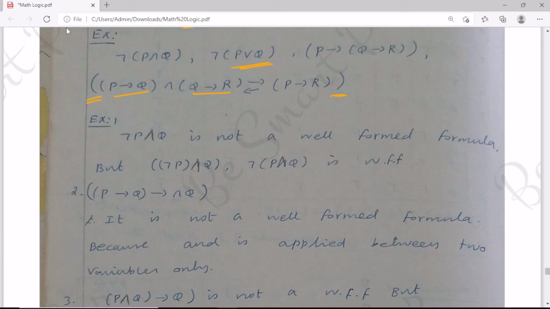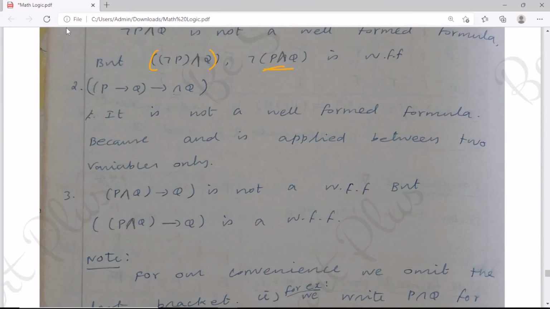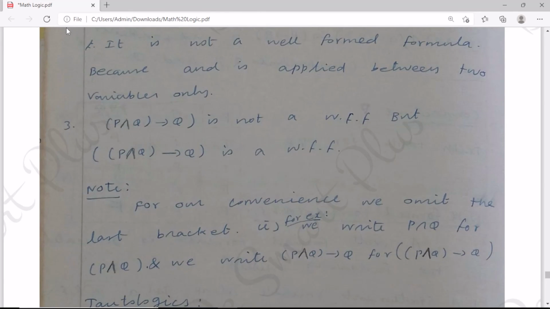Negation P and Q is not a well-formed formula, but negation of (P and Q) within the parenthesis like this is a well-formed formula. That means you represent the statement with the parenthesis in a clear format. That is the meaning of well-formed formula.